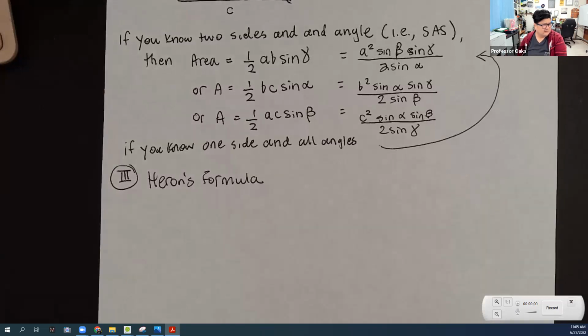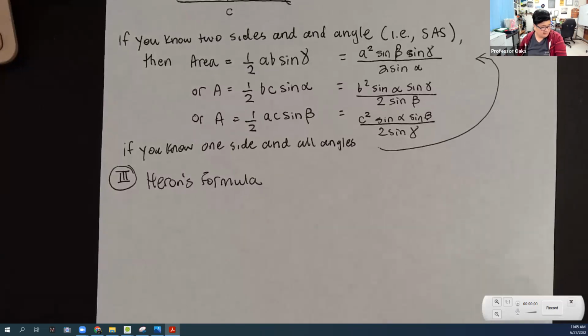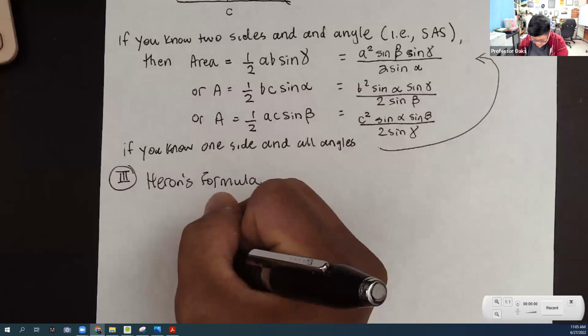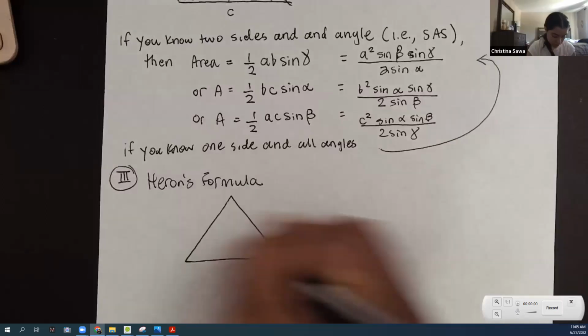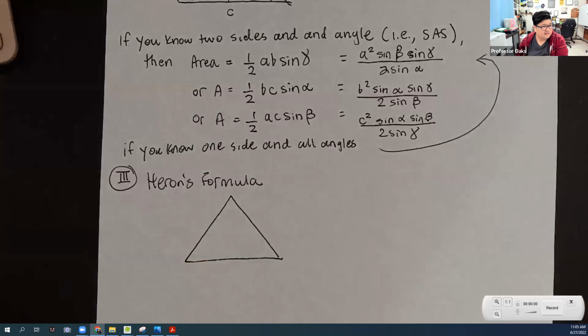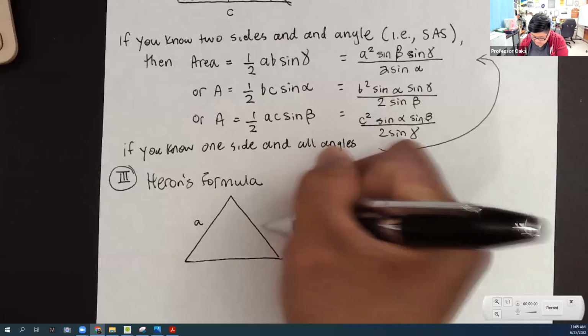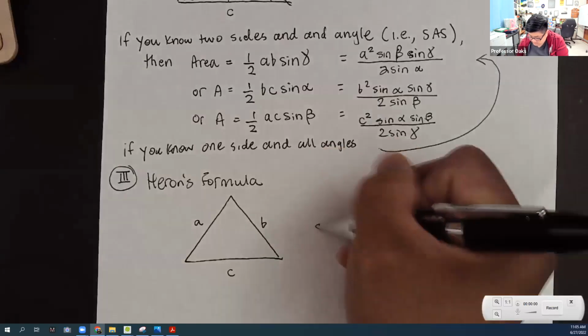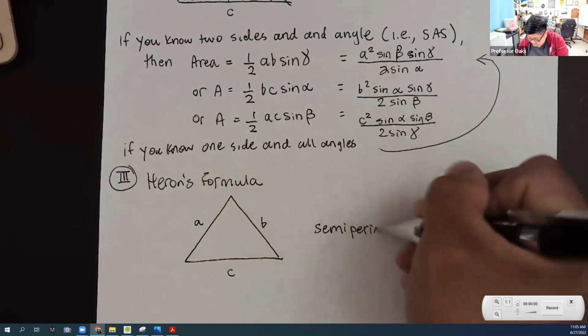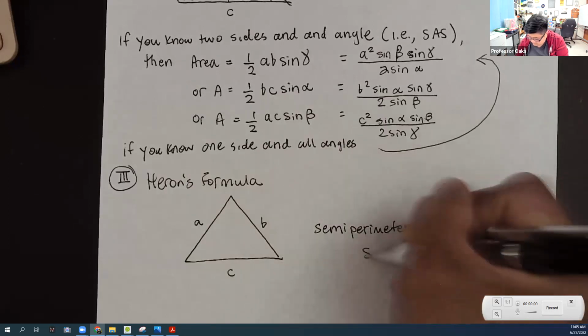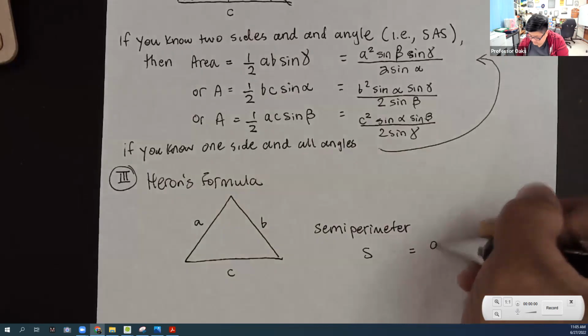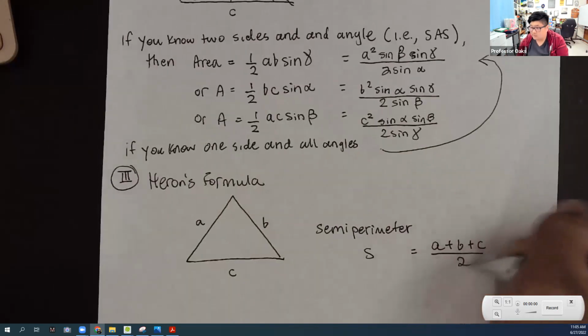Then if you have the A and the B and the C here, so A, B, C, then the semi-perimeter, or S, will be equal to A plus B plus C over 2.